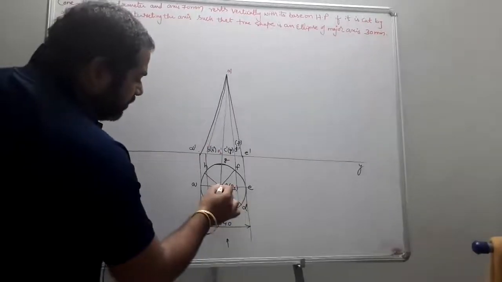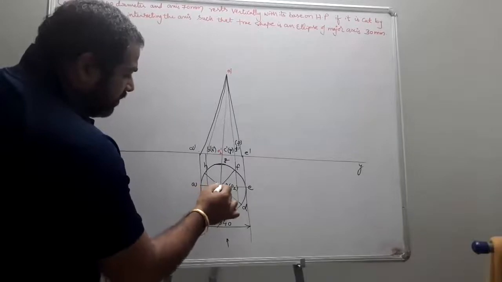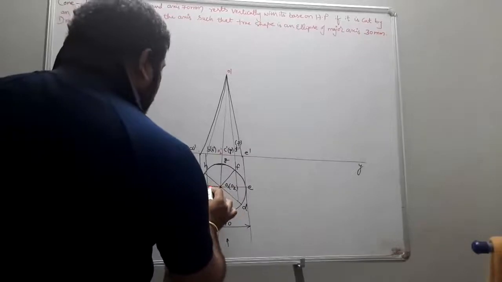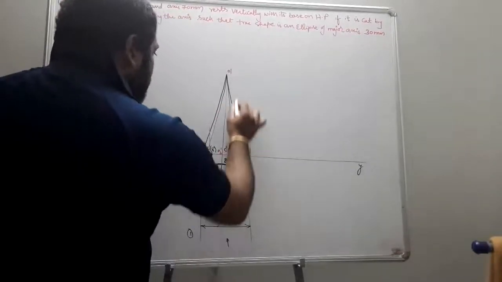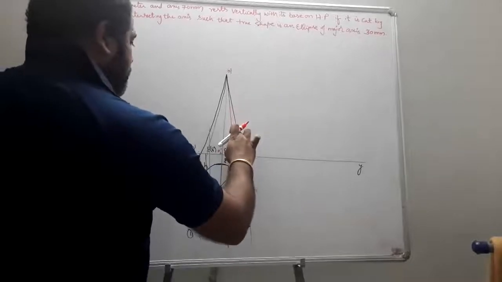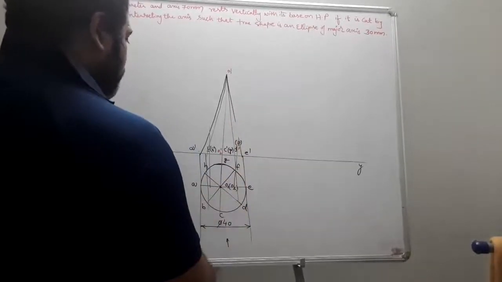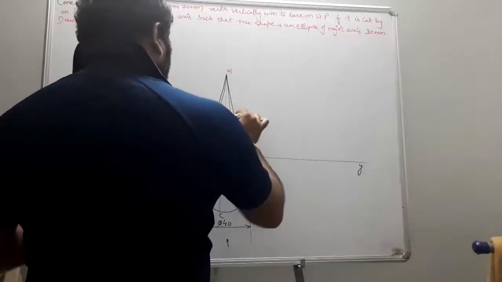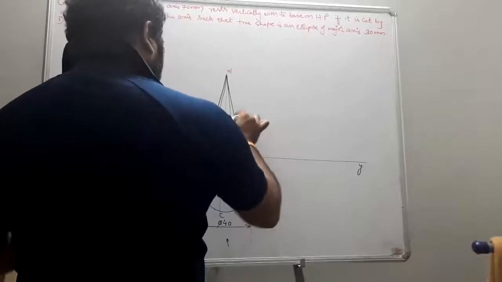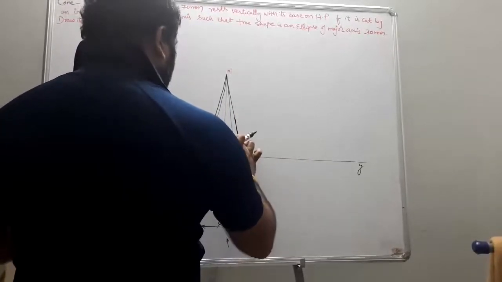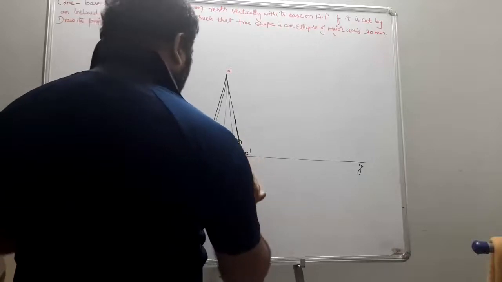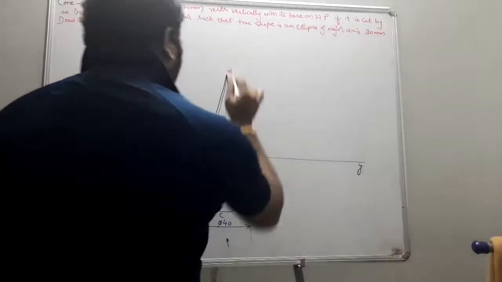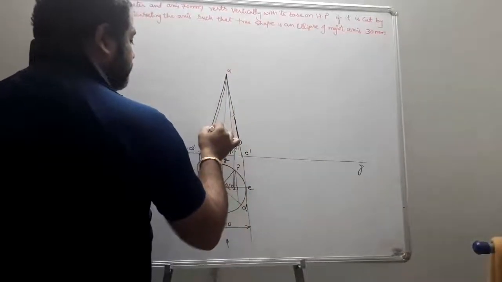That means from the center, I take 15 from here, 15 from here, and I mark these 2 points. If you extend these 2 points like this, it will come somewhere here.